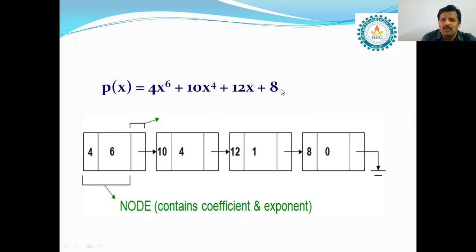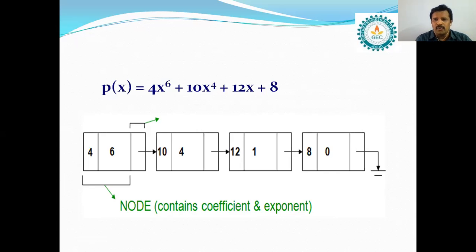There is no variable here, so the coefficient is 8 and the exponent value is 0. And this is the last node, which points to null. This is how we can represent the polynomial expression by using linked list.